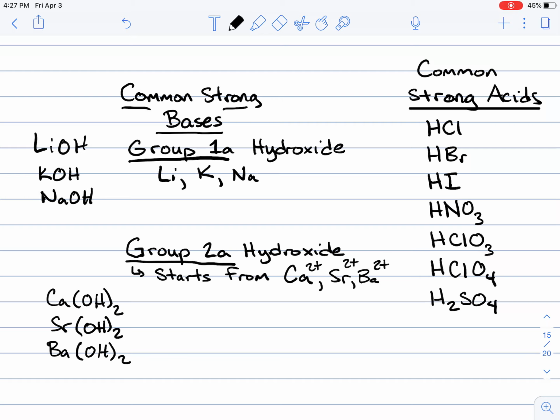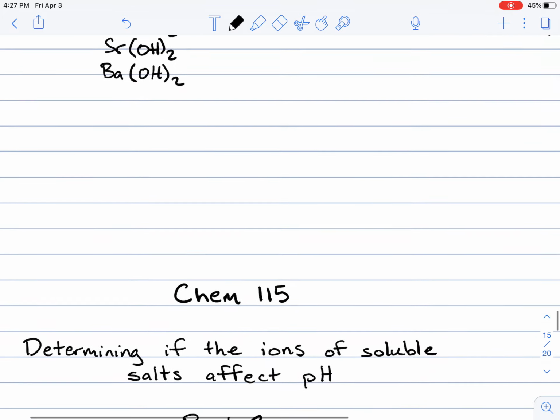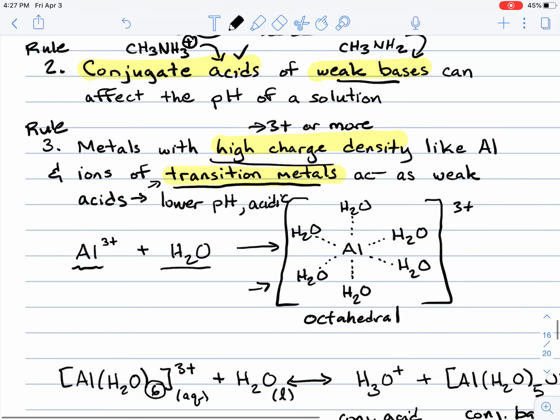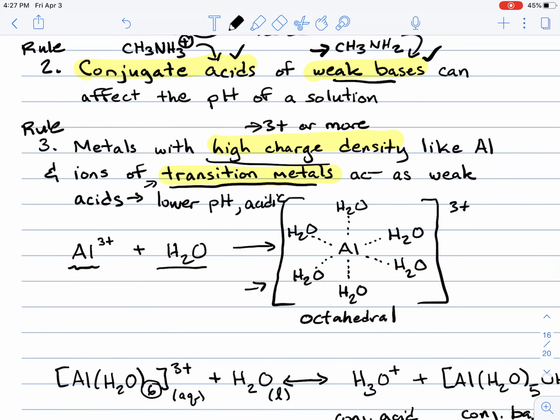Looking at this rule, notice that the common strong bases have a group 1A metal or a group 2A metal that's ionically bonded to a hydroxide. If you look at what we have currently, we have CH3NH2, and the identity of this compound is not on the list of strong bases. Therefore, it must be a weak base.